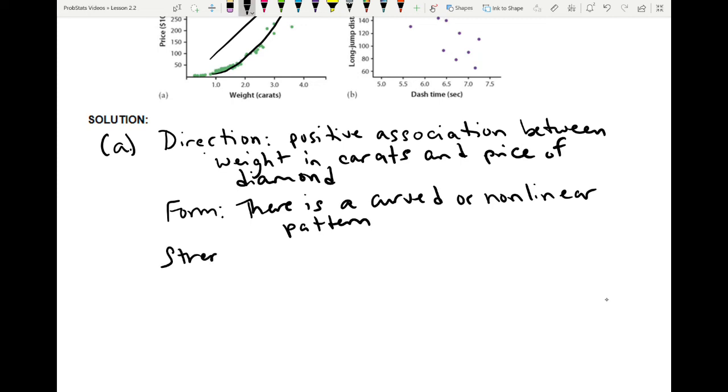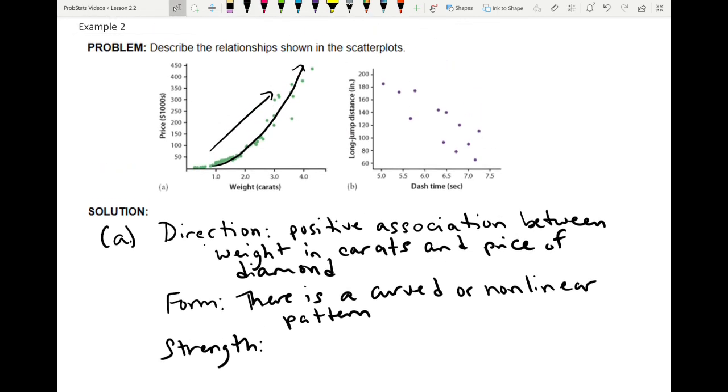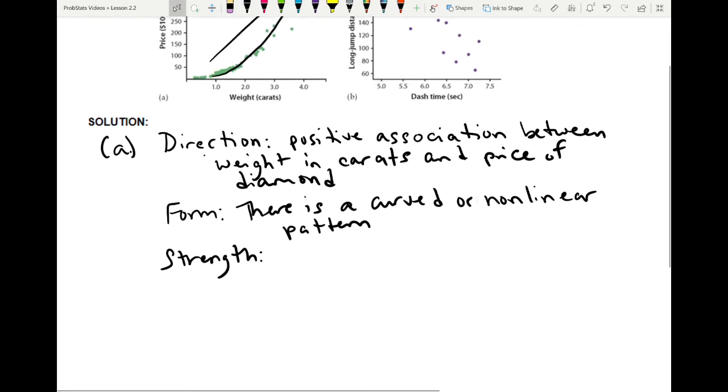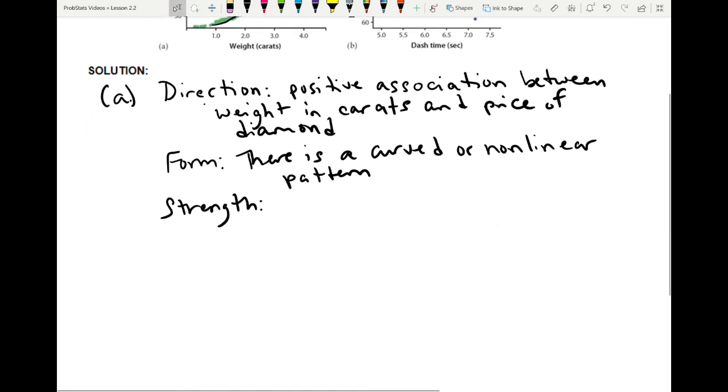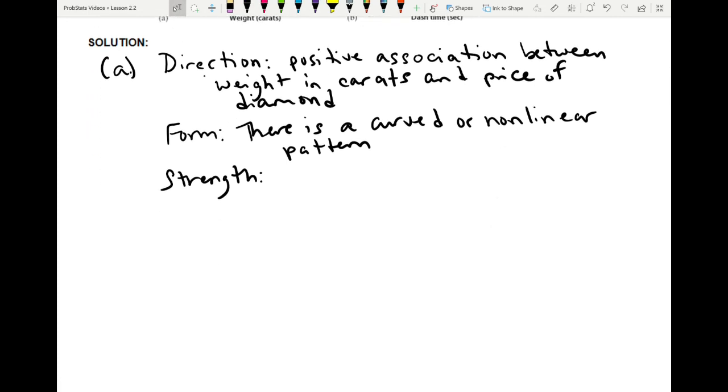What about the strength? Well, since we know that it's a nonlinear pattern, and based on the curve that I drew, the points are pretty close to that curve. So we could say with a high degree of confidence that, since the points don't vary very much, the association is strong.